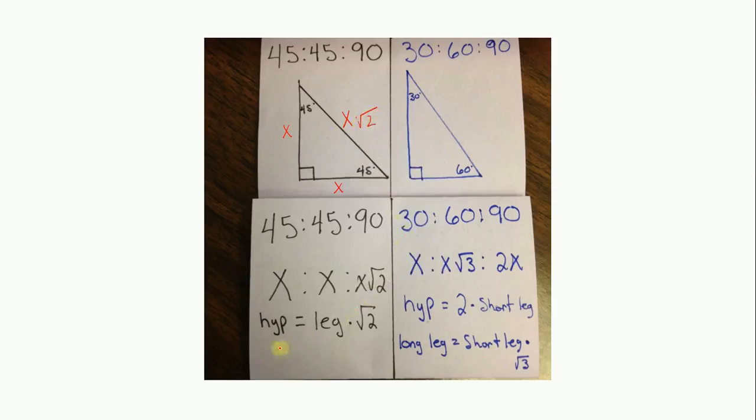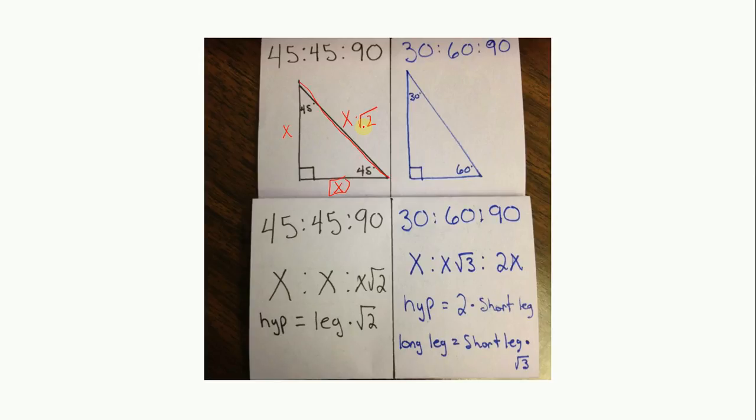Here's another way to put it. The hypotenuse, right here, is whatever the leg is, x, times the square root of 2. That is the formula to find the hypotenuse of a 45, 45, 90 triangle.